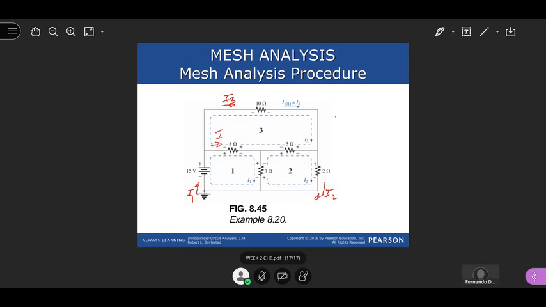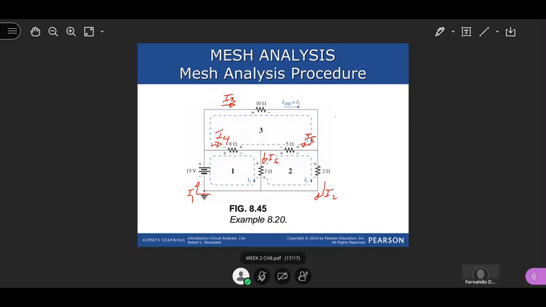Let's call this I4. You're going to have a current here. Let's call this I5. And you're going to have a current here. That will be I6. Can you imagine solving a system of 6 unknowns?